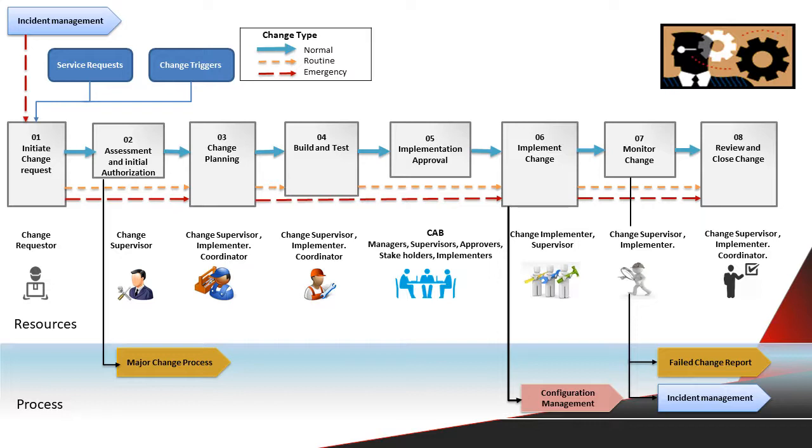In the normal change path, marked in blue, any change goes through assessment and authorization, change planning, build and test, implementation and approval. Any change which is not built and tested cannot be discussed in a CAB meeting. Otherwise, the CAB cannot provide the right decision.